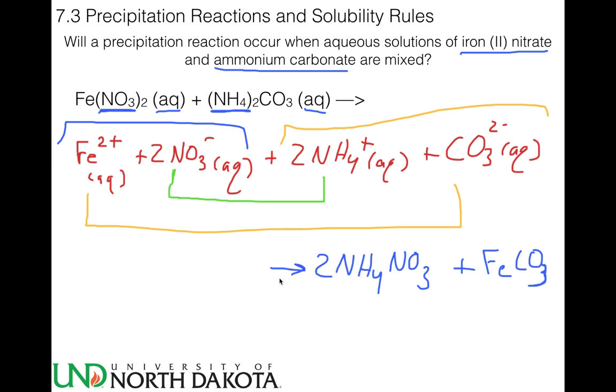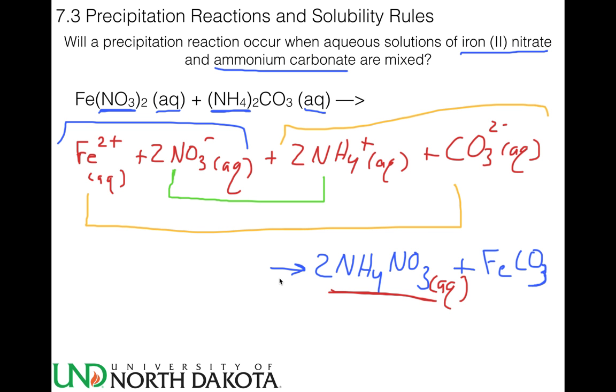Now the next part is to figure out if these are aqueous or solid. Thinking back to the solubility rules, ammonium and nitrate are always soluble. So when they're together, they would certainly be an aqueous compound. Thinking back to where we saw carbonate, carbonates are always insoluble.